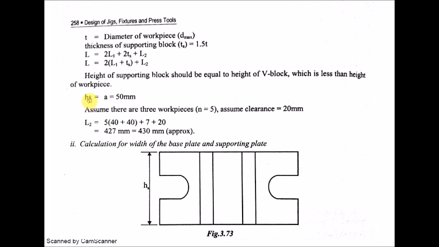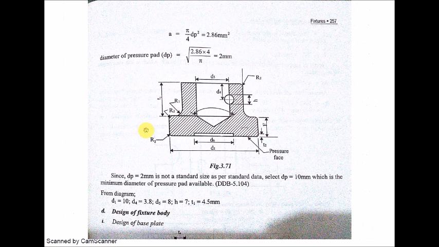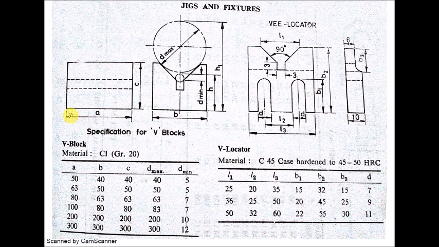So this height of the supporting block should be equal to the height of the V block. Now A value, I think it is given. So this is the length actually.